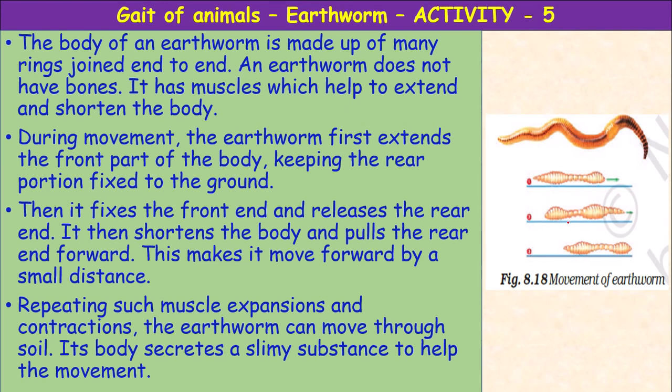Like that, the earthworm moves. See, from here to here it has moved. Repeating the movement of muscles, expansions and contractions, the earthworm can move through the soil. It secretes a sticky, slimy substance from its skin, that helps the earthworm in movement.